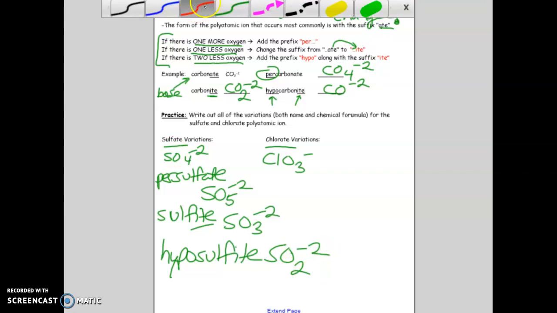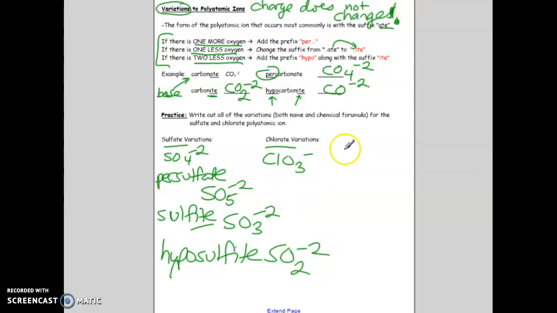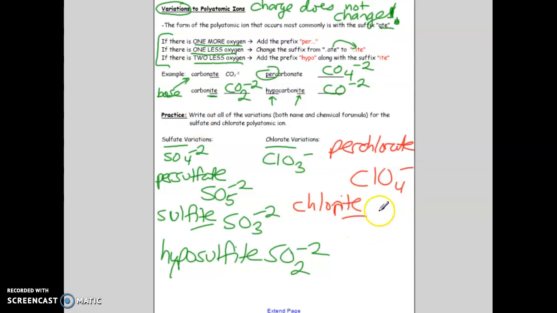Okay, I'm going to do chlorate over here. So chlorate, we can have perchlorate, which would be ClO4 -1. We can have chlorite with the ITE, which would be ClO2.